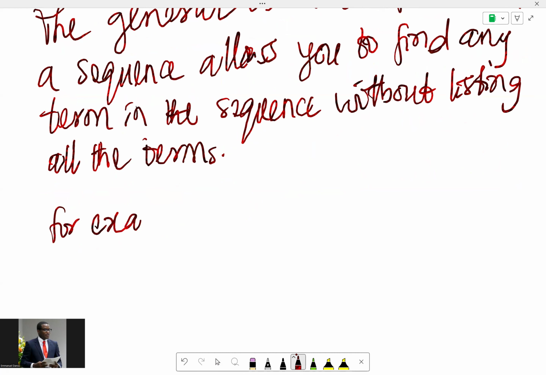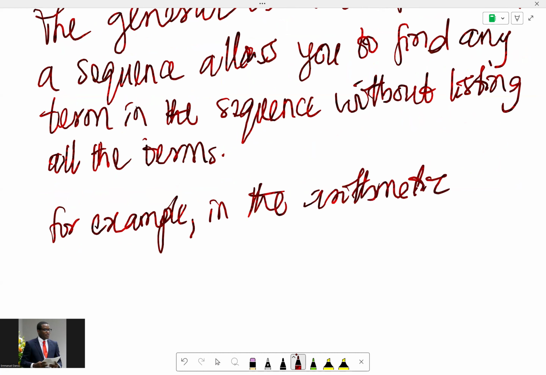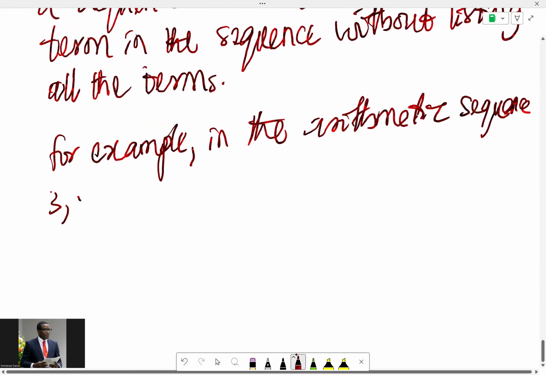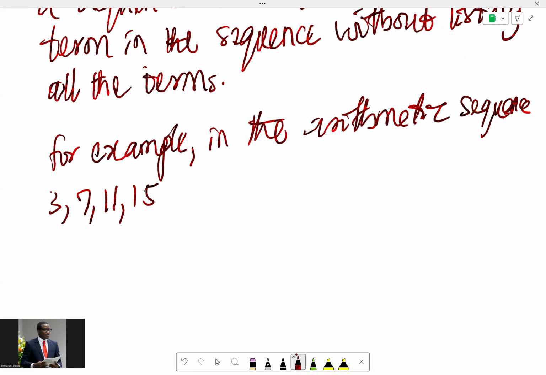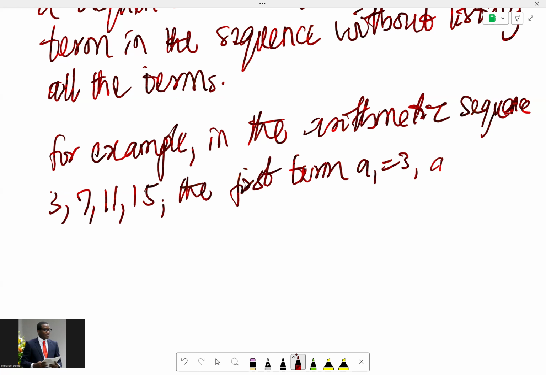You can see that, for example, in the arithmetic sequence 3, 7, 11, 15, it is clear that the first term a_1 is 3.